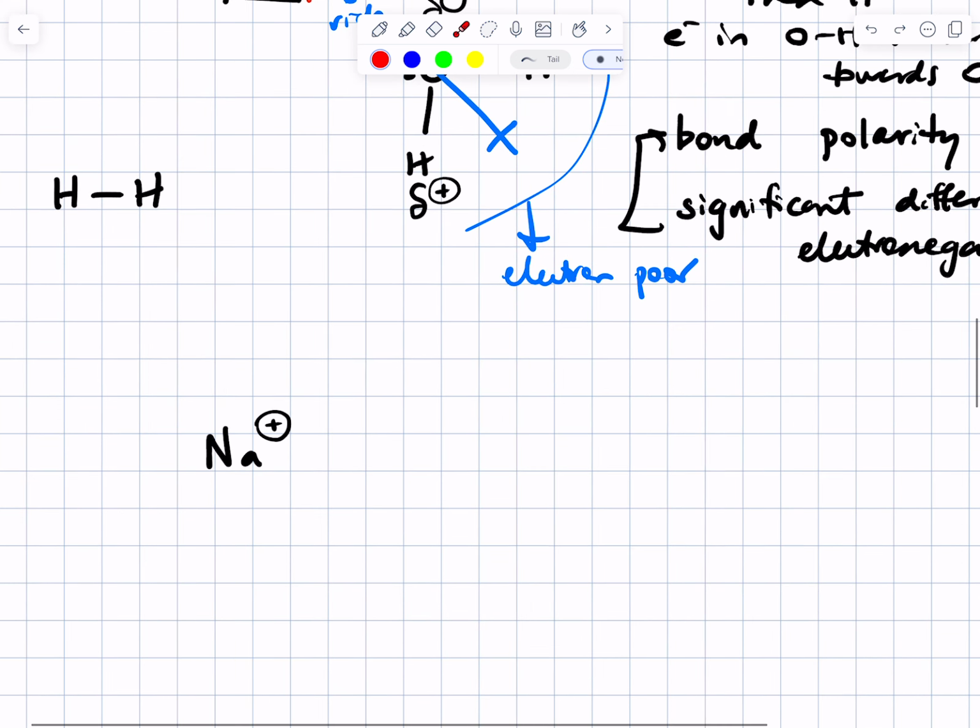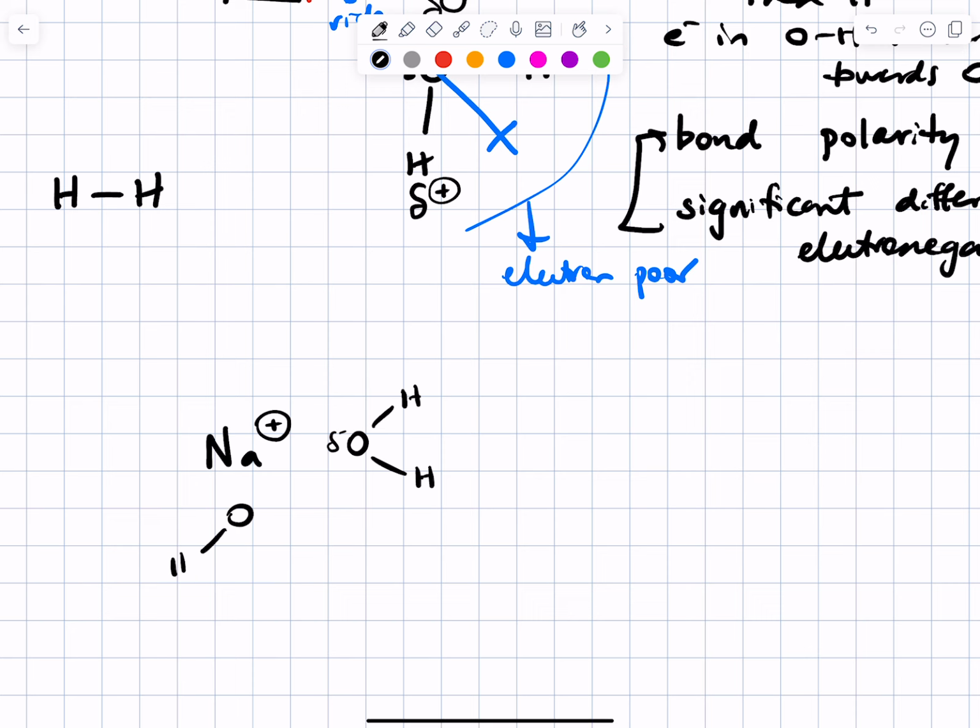Because it has a partial negative charge. So the sodium ion in water has a shell, and I'm just showing you some of the water molecules. So people have done the math to figure out how many water molecules surround a sodium in solution. I'm not showing you the positive end of the dipole, just the negative end on the oxygens.